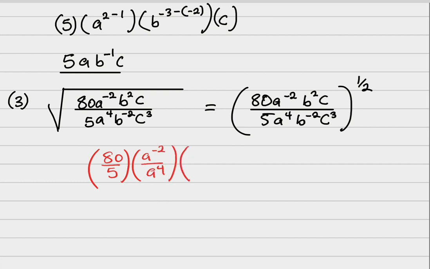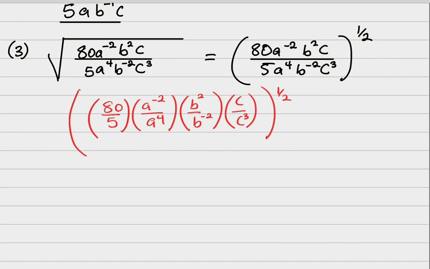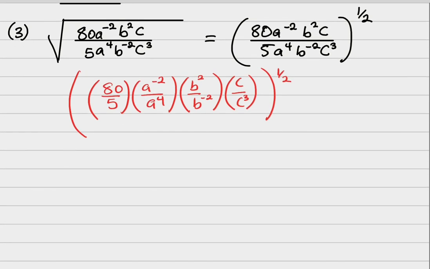Then I have b raised to power 2 over b raised to power minus 2. Then I have c over c raised to power 3. Remember, everything is raised to power 1 over 2.